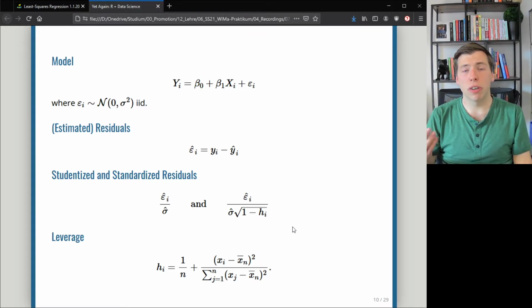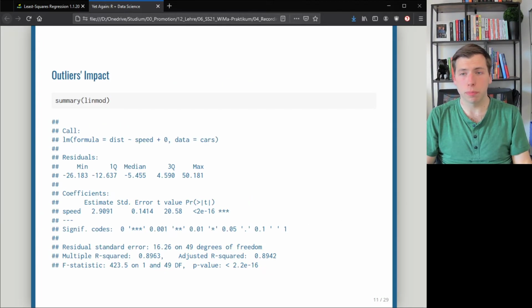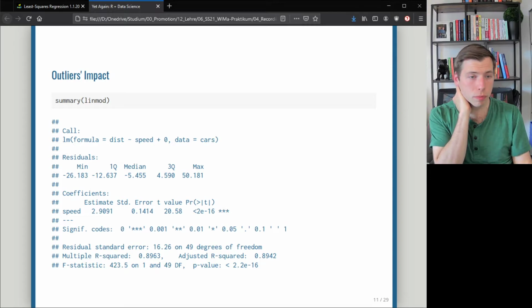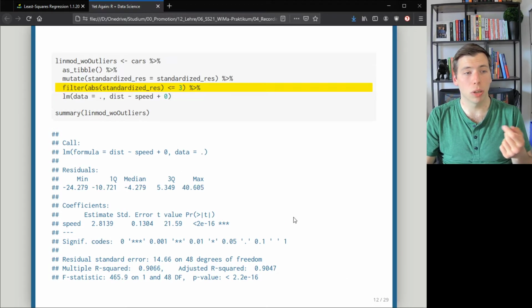So let's try to figure out what is so bad about these outliers and leverage points. Let's look at our summary again. This is our base case, and now let's exclude the points where the absolute value of the standardized residual is larger than 1.